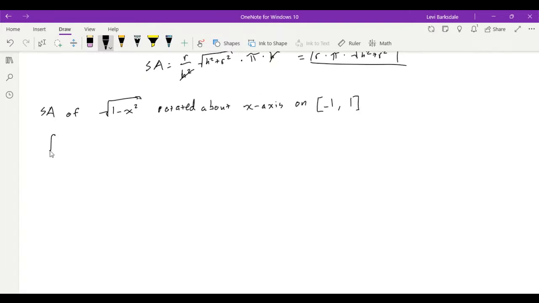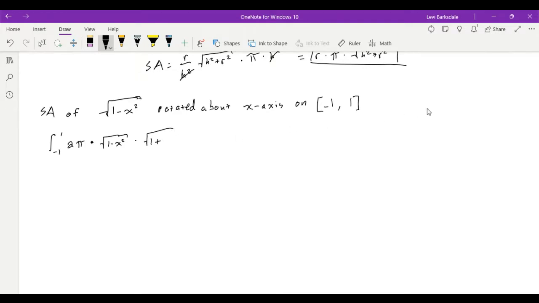Well, we can simply set up our integral. We have 2 pi times, because it's around the x-axis, we want to rotate it, we want to multiply by f of x, so square root 1 minus x squared, times the square root of 1 plus our derivative squared.